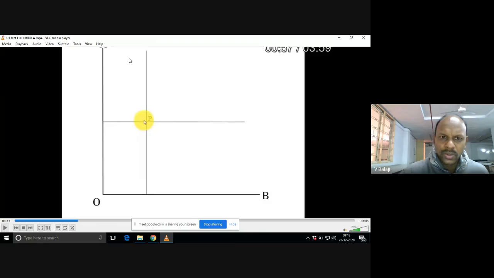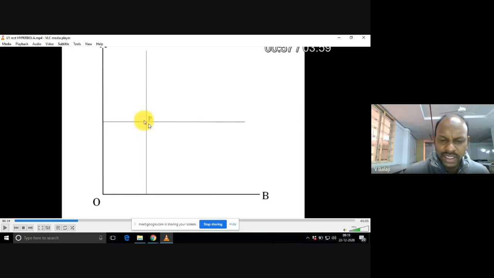Now you take your mini drafter, mark a point 30 mm away, and draw one vertical line parallel to this OA. Thereafter, parallel to OB, on the vertical scale, you measure a point at a distance of 50 mm and draw one horizontal line there. That line is parallel to OB. These two lines intersect at this point, capital P.